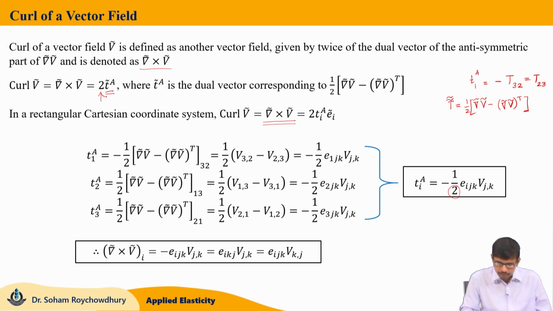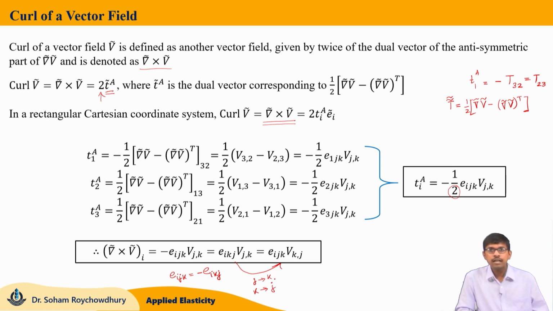Now, we know that e_ijk can be written as minus e_ikj by the definition of the permutation symbol. So, the minus sign can be dropped and we can write this as e_ikj v_j,k. Now, interchanging the names of j and k, this can be replaced by interchanging j with k and k with j.